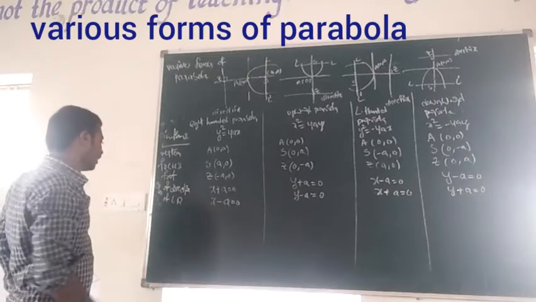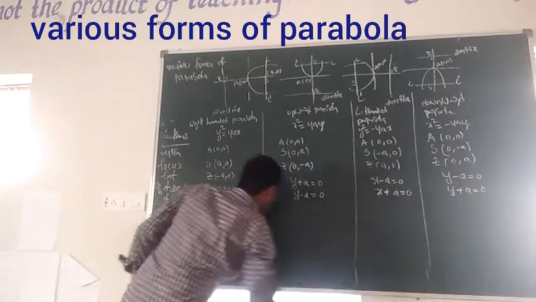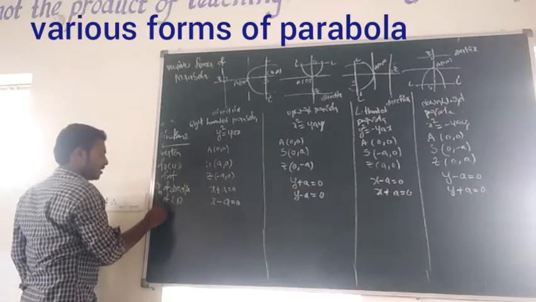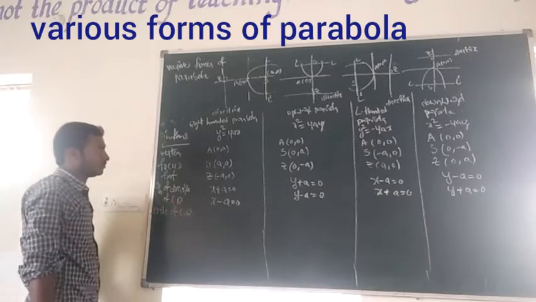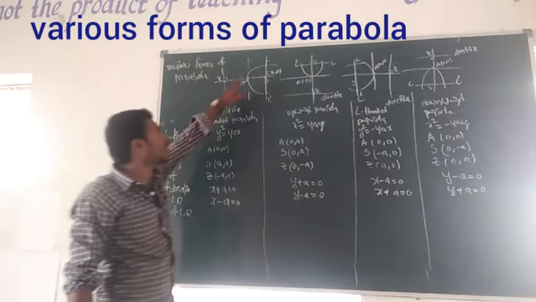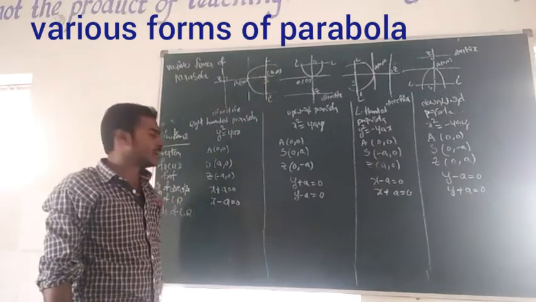And next we conclude with 2 points, that are the ends of latus rectum, here L and L dash. In similar types we get L and L dash.